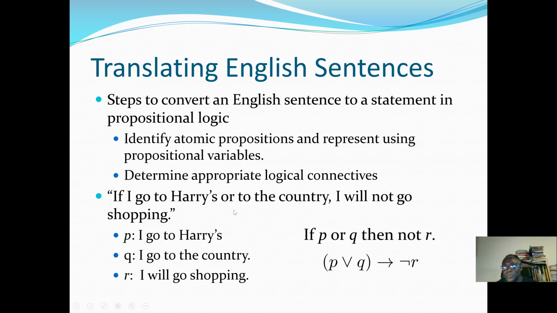To the country is Q. I will not go shopping is R. Again, we can use any symbol or any characters for P, Q, R.